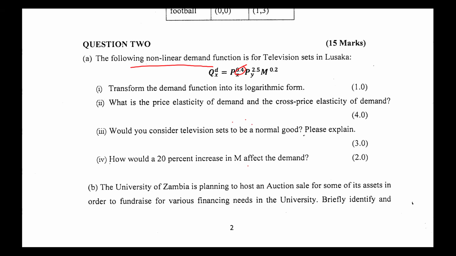Or you can have an example of a Cobb-Douglas function where you are given that y is equal to, let's say, the constant a, capital raised to the power alpha, times labor raised to the power beta. You see, this function is a non-linear function.